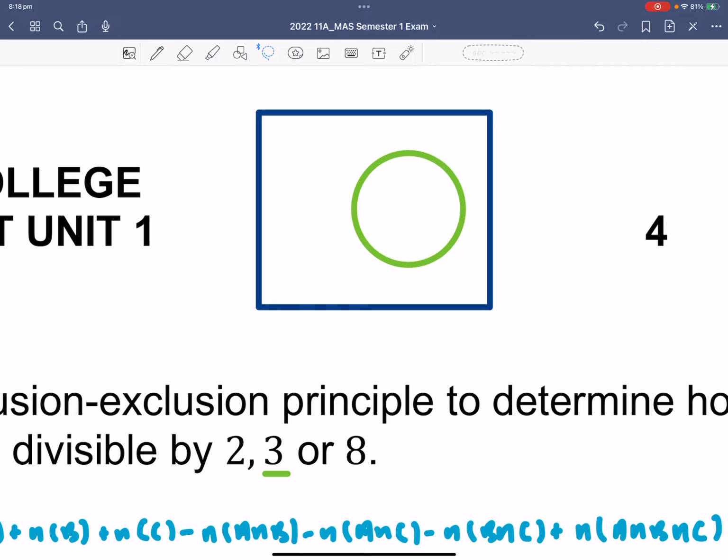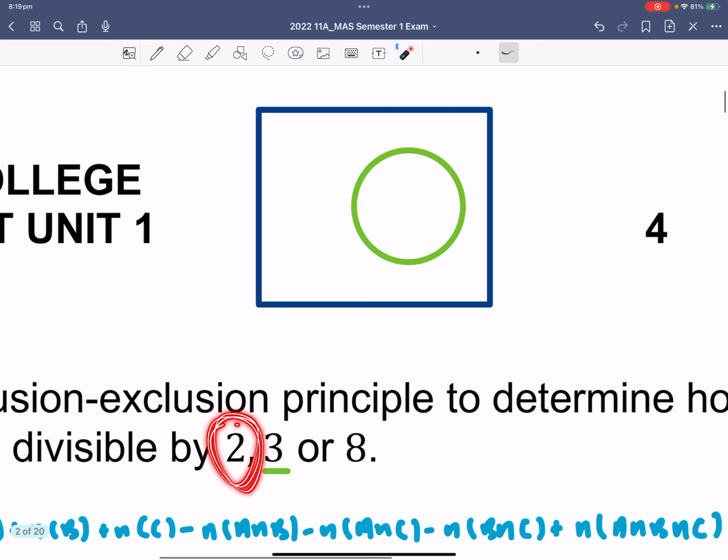But then I've just realized that if you're divisible by 8, you are definitely divisible by 2. Everything that's divisible by 8, other way around. Anything that 8 goes into, 2 definitely goes into it.